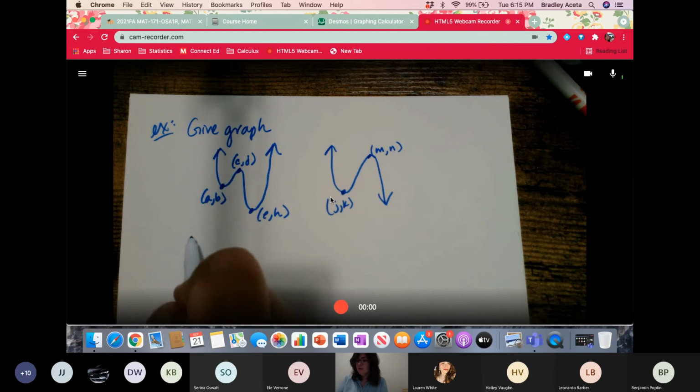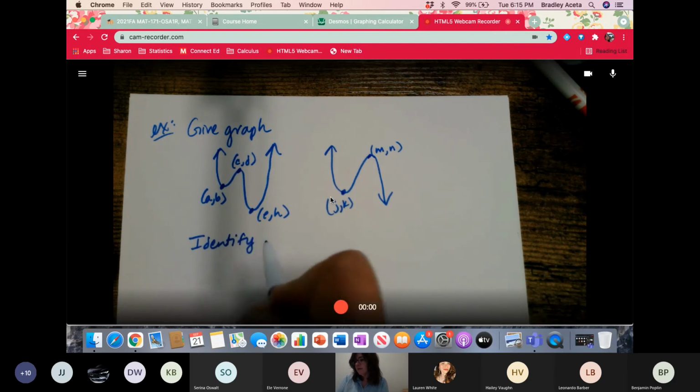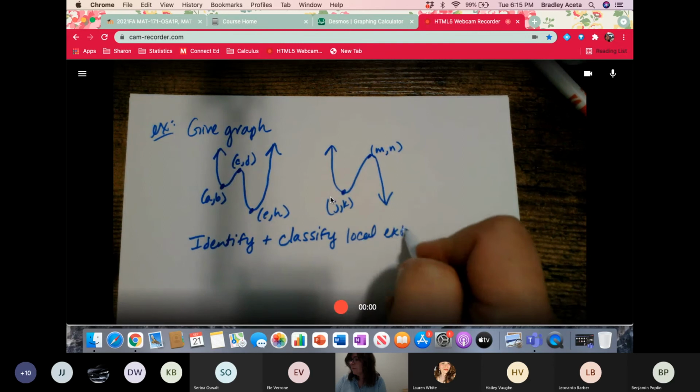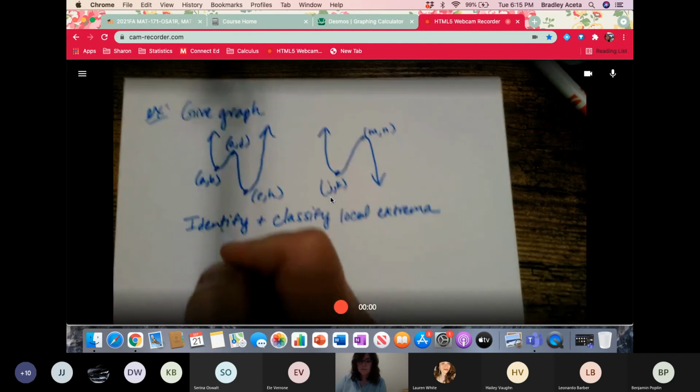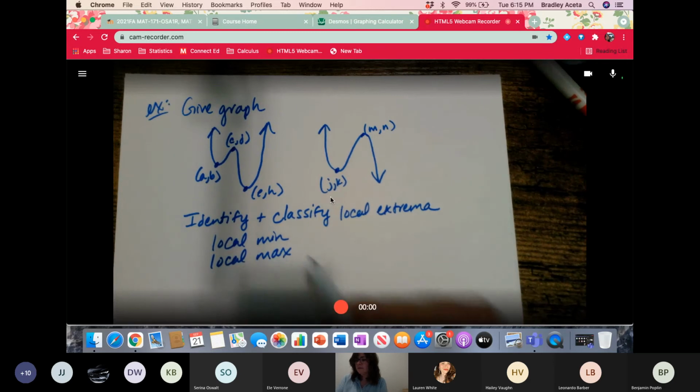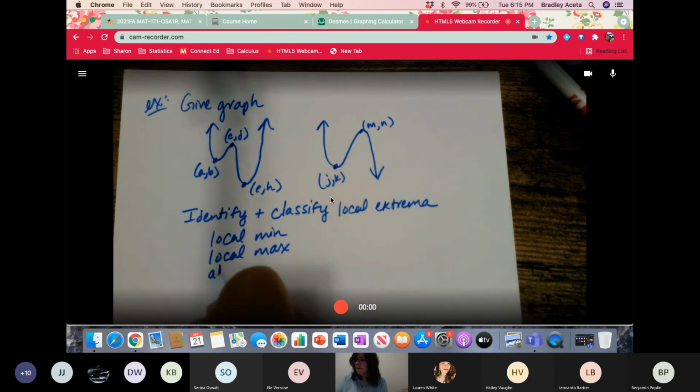And they want you to identify and classify the local extrema. Identify and classify, so say local min, local max, absolute min, absolute max.